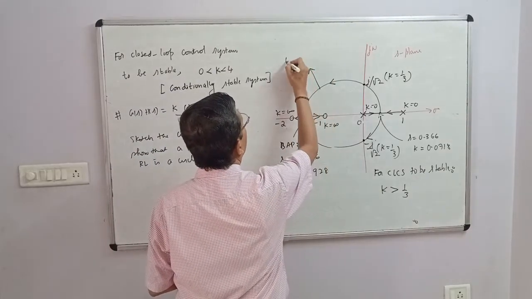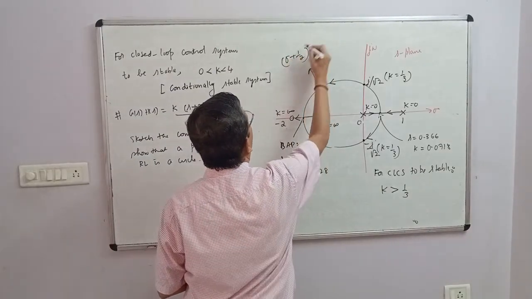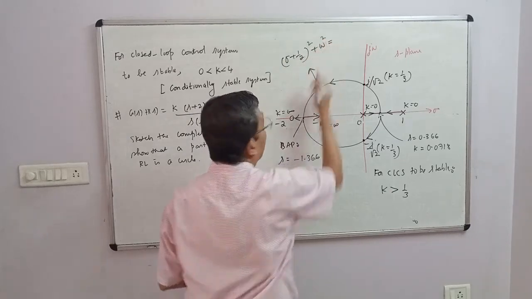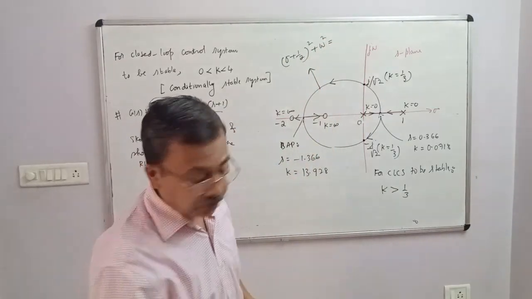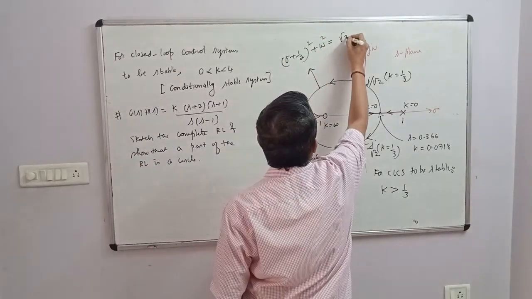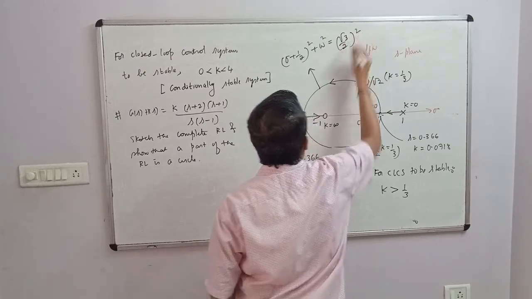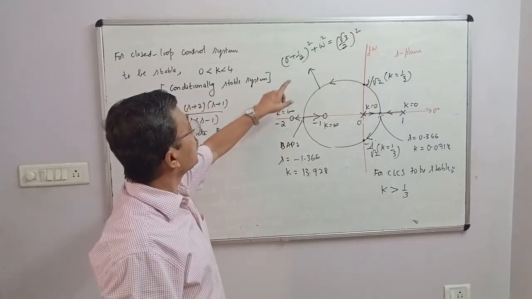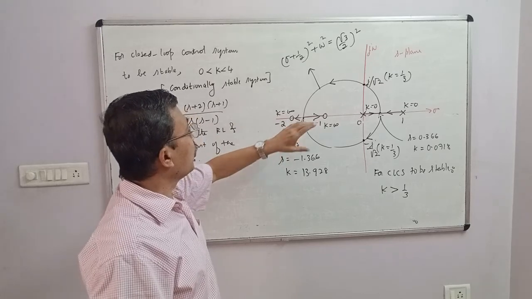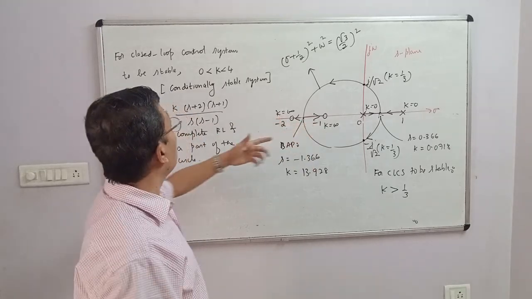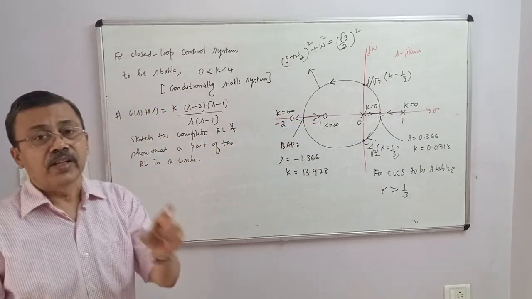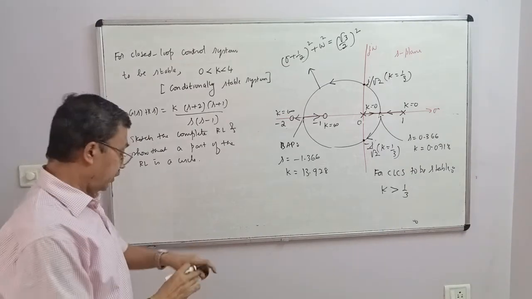The equation of the circle is (sigma plus half) whole square plus omega square is equal to (root 3 by 2) whole square. Show that it's a circle by putting s equal to sigma plus j omega in G(s)H(s), and equate the angle to 180.